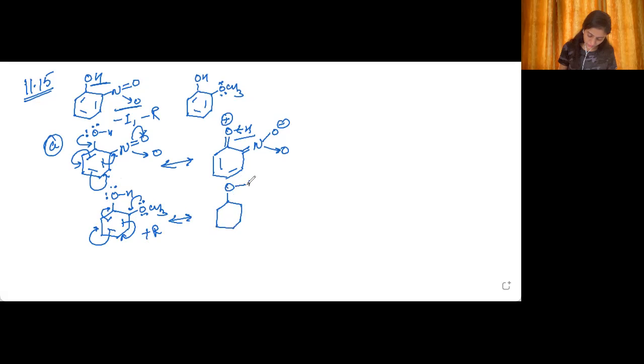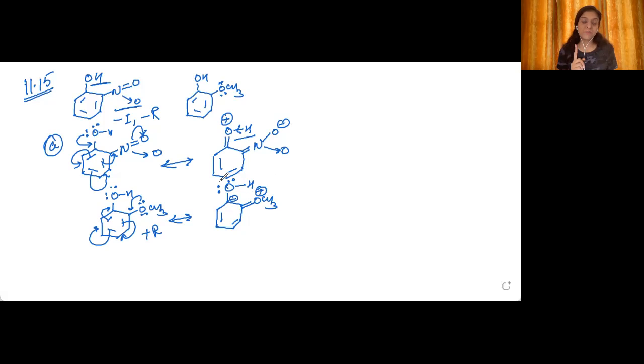Like this. This negative and the lone pairs are very close to each other.